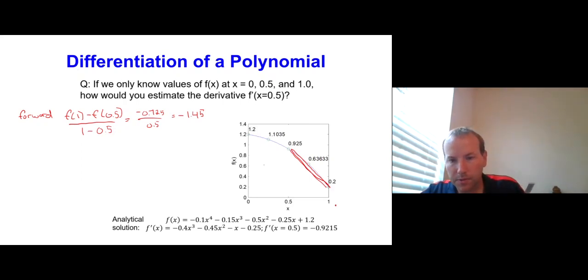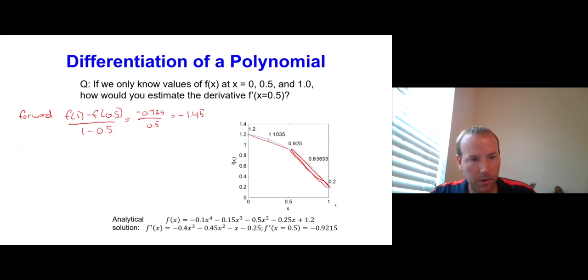Another approach would be to take a backward approximation, which is to use this point and this point right here. So I'm going to draw a line that goes here. There we go, that's more precise. We take the slope of this line that connects the first point and the second point.